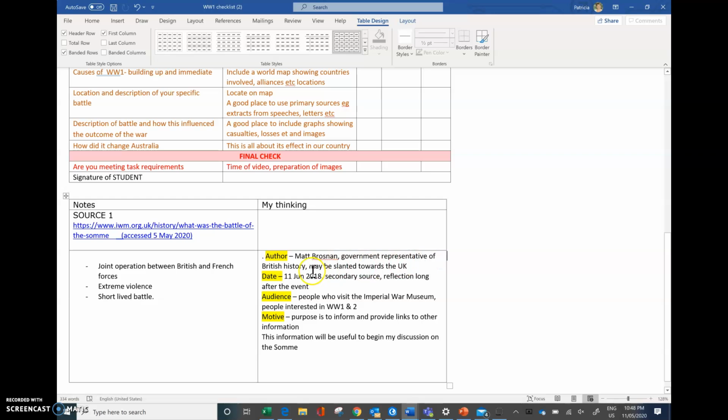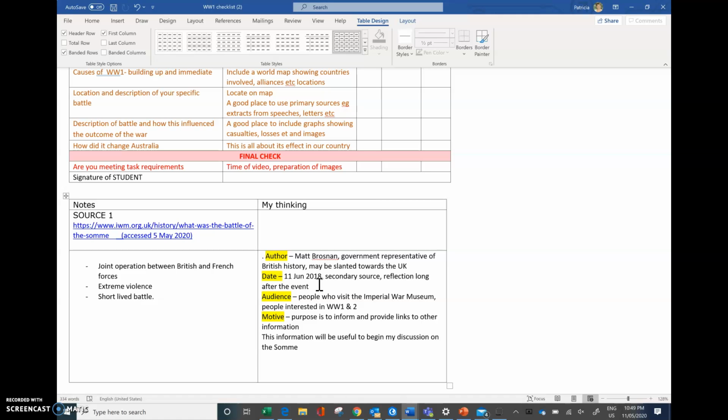He's a government representative of British history. He may be slanted towards the UK. When did he write it? 11th of June 2018. It actually is stated on the site. It's a secondary source. It's a reflection long after the event. Audience, people who visit the Imperial War Museum, because that's who he's writing for, that's the site that it is.